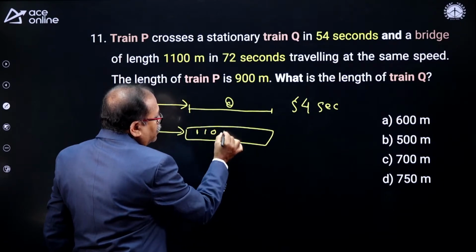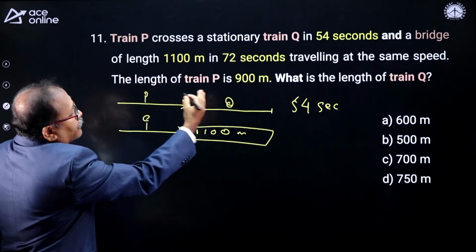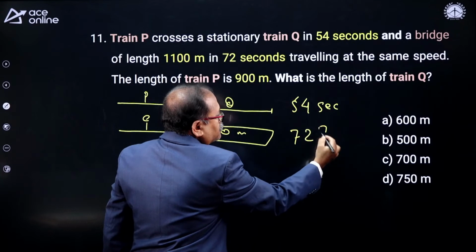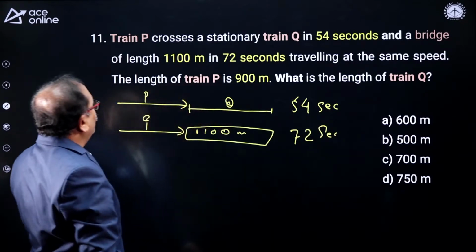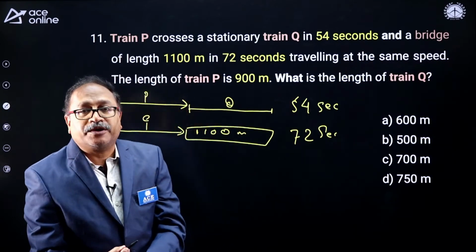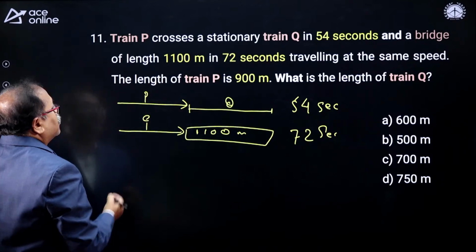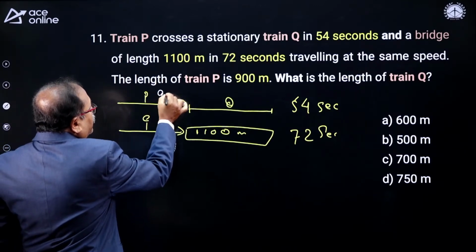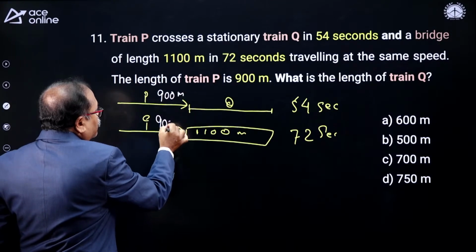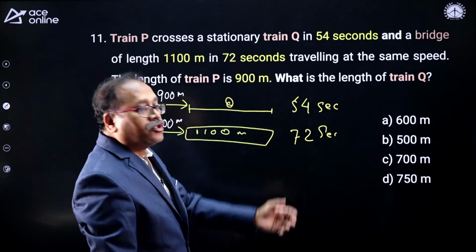The length of train P is 900 meters. I am just writing the question here in the data format. Then what is the question? What is the length of train Q?